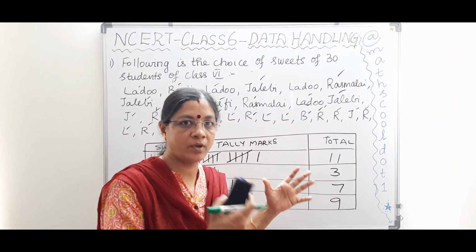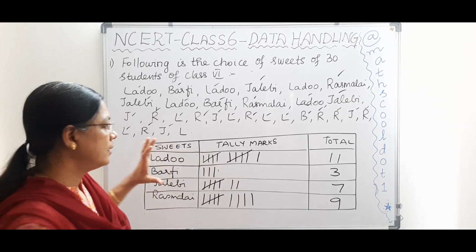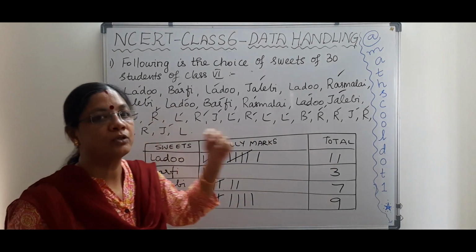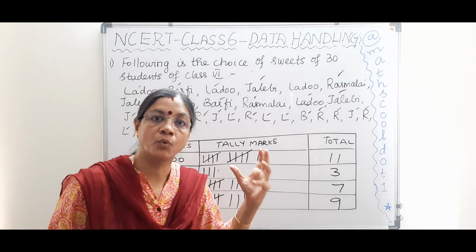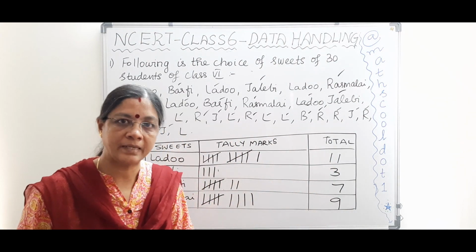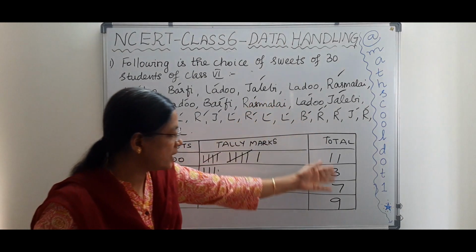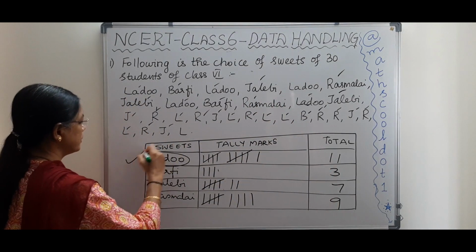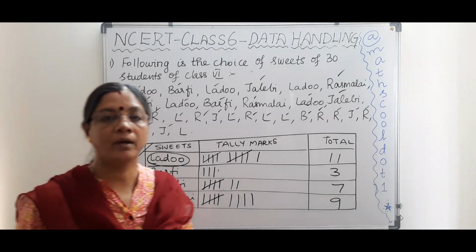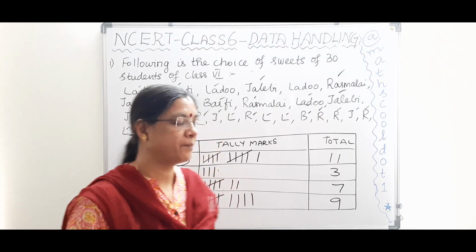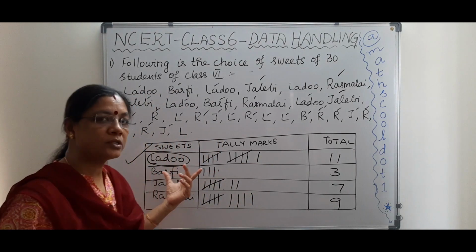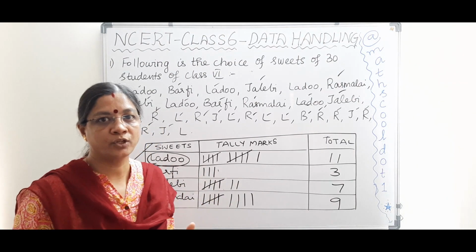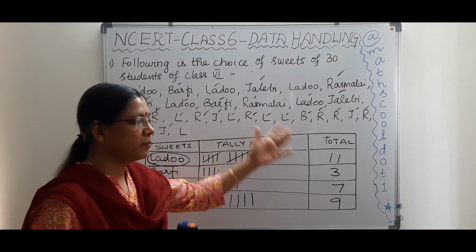Now we have arranged the information in a table using tally marks, right? So now we'll be able to identify which sweet is most preferred and which one is the least preferred. Upon seeing this, we can say laddu is the most preferred sweet among these students of class 6, and the least preferred is of course barfi. We can get as much information as we need from the table.